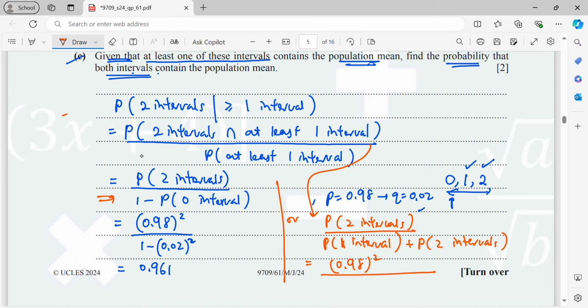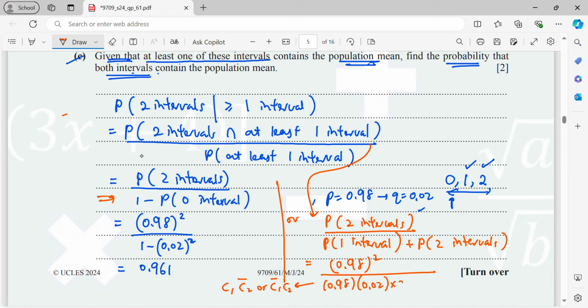If one interval means that one contains and one does not contain, so that means here contain is 0.98, does not contain is 0.02. But then since you are considering two intervals, you are not sure which one, right? So it means that probably the first one has, the second one does not have, or the second one does not have and the first one does not have and the second one has, right? Contains the population mean.